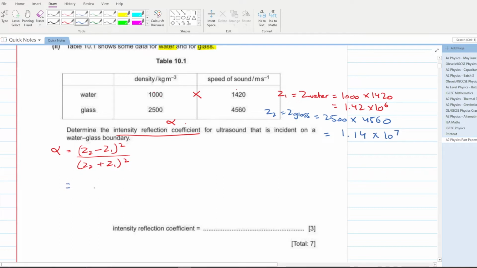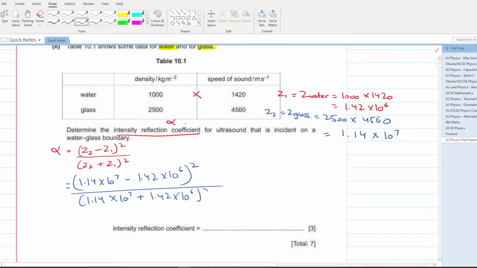Let's calculate alpha. 1.14 into 10 raised to the power of 7 minus 1.42 into 10 raised to the power of 6, whole square, divided by 1.14 into 10 raised to the power of 7 plus 1.42 into 10 raised to the power of 6, whole square.